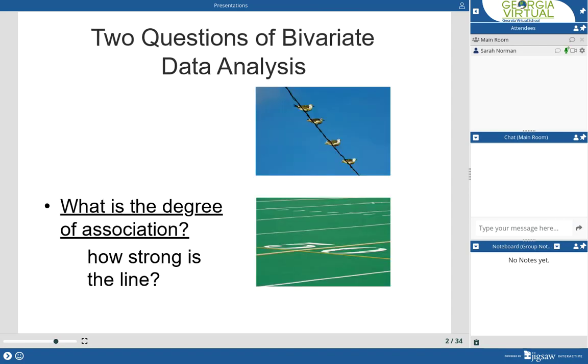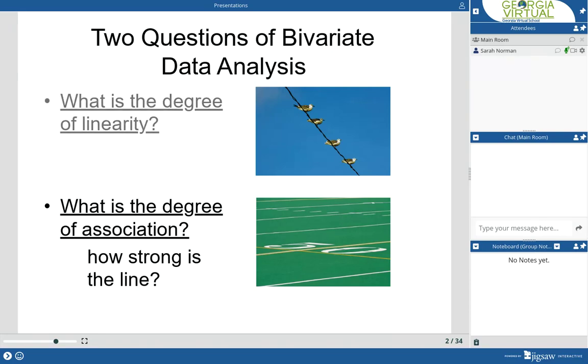So two questions of bivariate data analysis are, first, what is the degree of linearity? Which pretty much just means, are we able to determine that there is a linear association in the variables of a set of data?